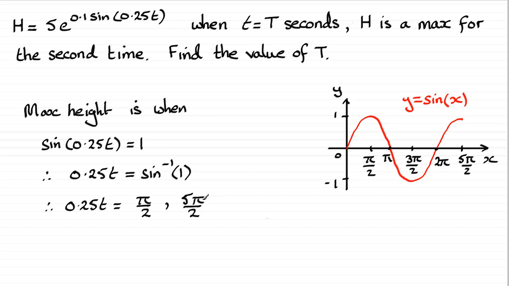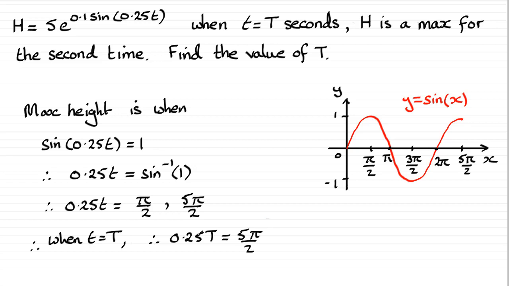I say that's the time, that's not right, that's the solution that 0.25t would be. So we can see that when t equals big T, 0.25 times big T there will equal 5 pi over 2.